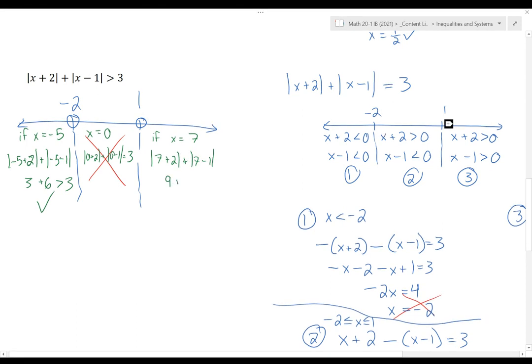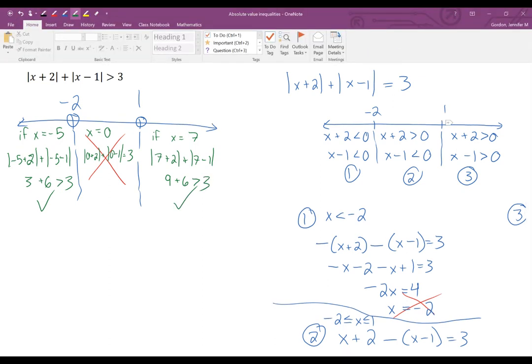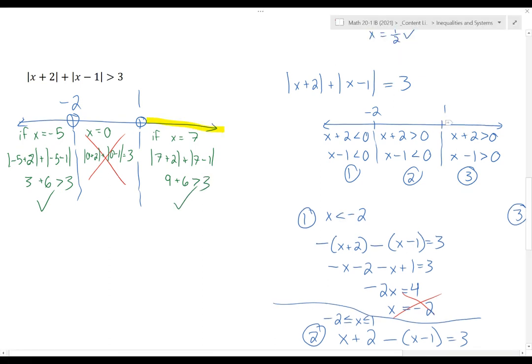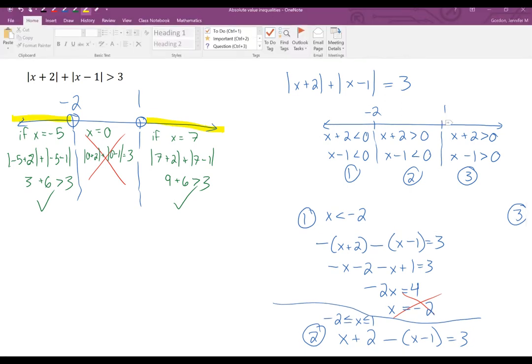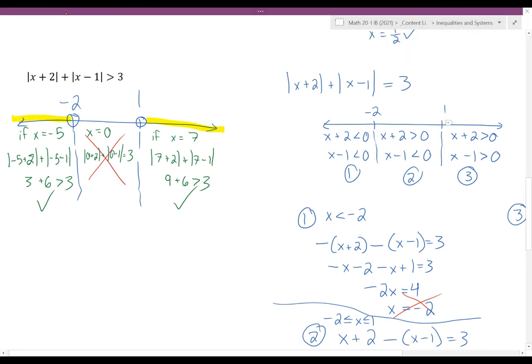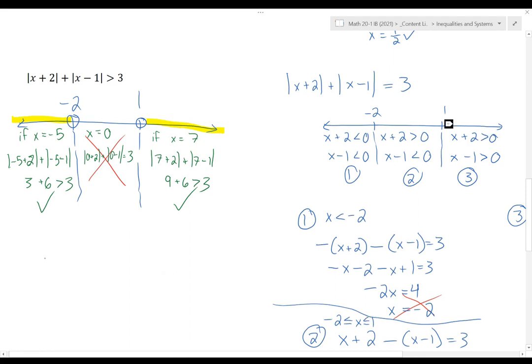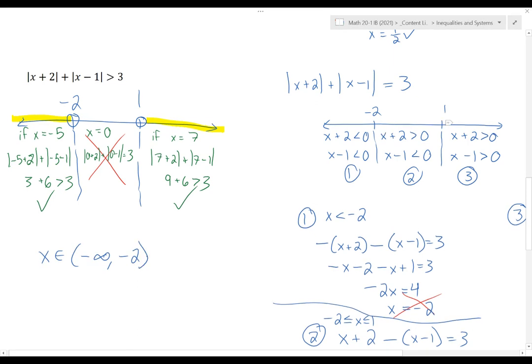Well, this is 9 plus 6, which is, yes, greater than 3. So I can include both of these intervals. If they didn't work, I would have no solutions. This inequality would have no solutions at all, but they do work. So x can belong to the interval from negative infinity to negative 2, or from 1 to infinity.